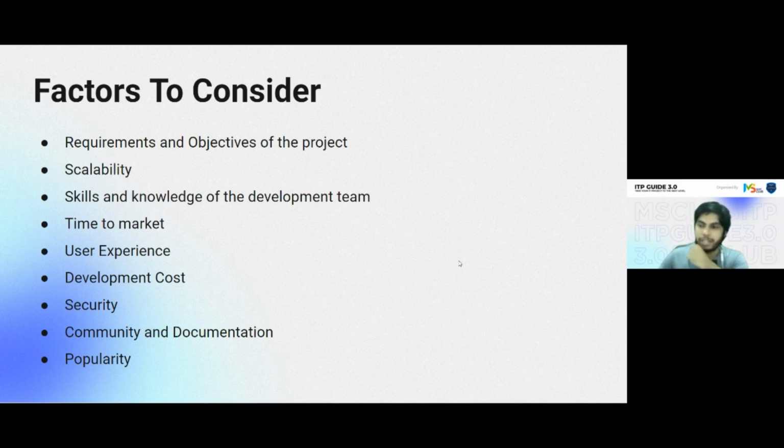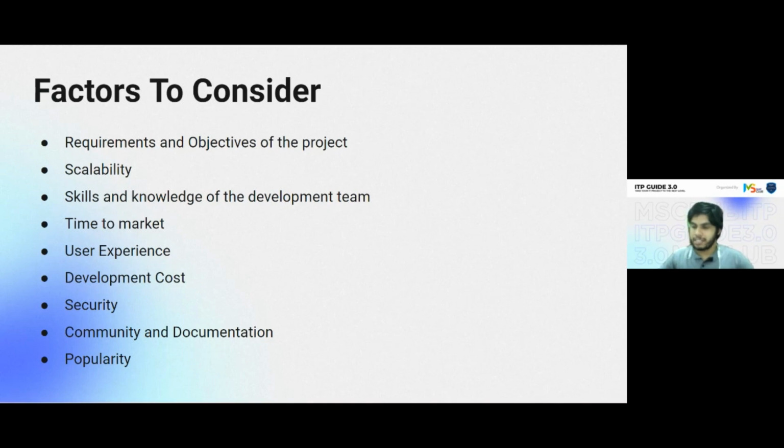And then you have scalability. What scalability basically means is the ability to increase or decrease the performance or capacity of your web application, in case you want to grow it to satisfy increasing demand, users, and data.